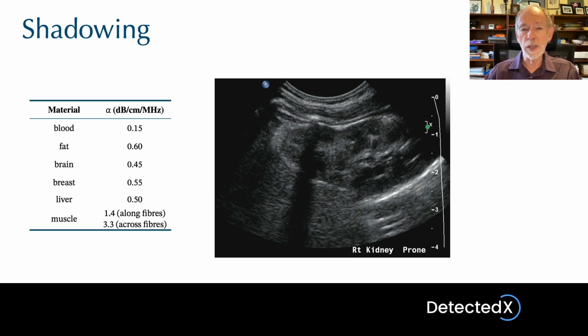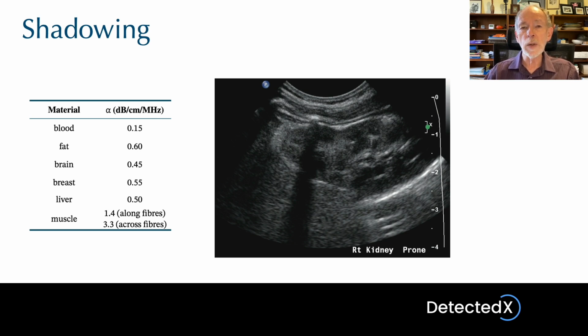So this could, for example, be a calcification, an area of fibrous degeneration, a foreign object perhaps, plastic, metal, etc. On the left, I'm showing a table of the typical attenuation values in soft tissues, and you'll see that they range from relatively low values in liquids such as blood to somewhat higher values in the soft tissues, and then noticeably higher values in muscle.